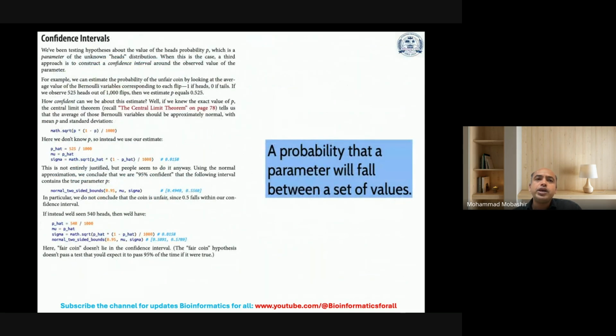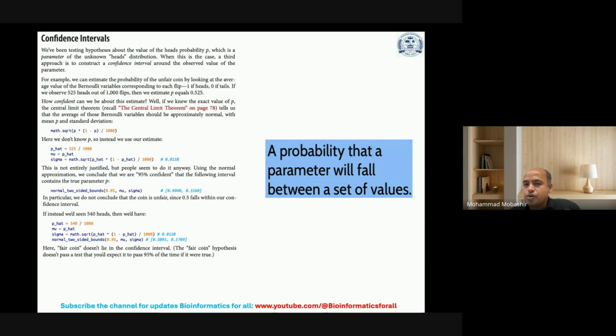Now, we come to confidence intervals. A confidence interval is the probability that a parameter will fall between a set of values. This is the basic, fundamental definition of confidence intervals.